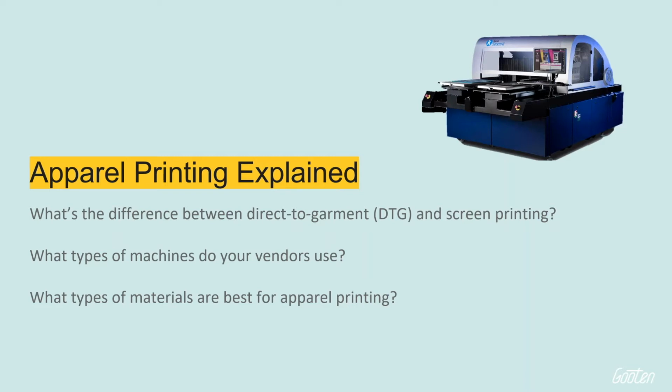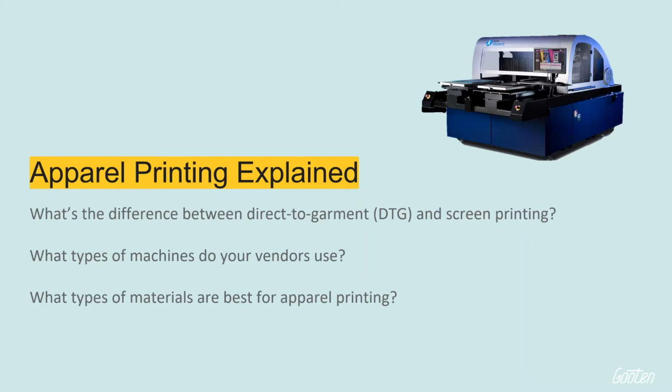Sure. Hello, everybody. So first of all, there are certain differences between DTG and screen printing, which end customers might not know about. But just to give you a brief overview of screen printing as a process, historically, that was the best way to print merchandise.